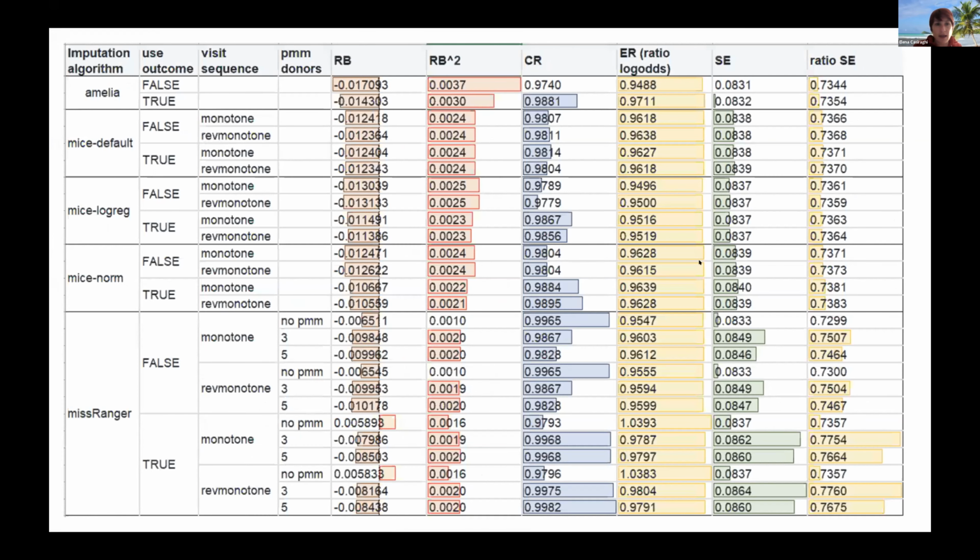And so here, this is just to show you that we could compare different models and we could assess different models, and understand that missRanger with no predictive mean matching seems to be the best, the most reliable estimator, but also, for example, a version of mice can produce good results.